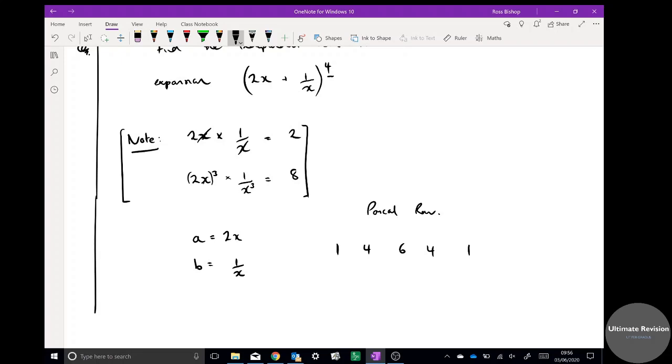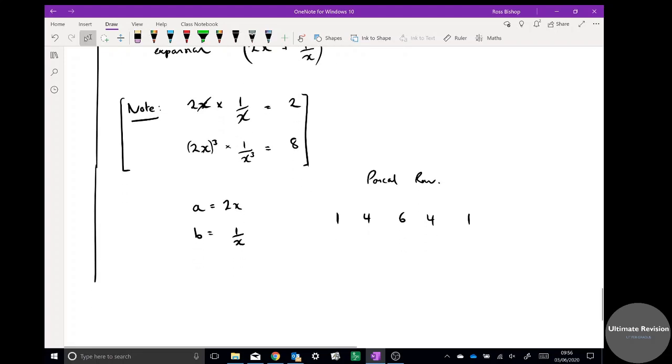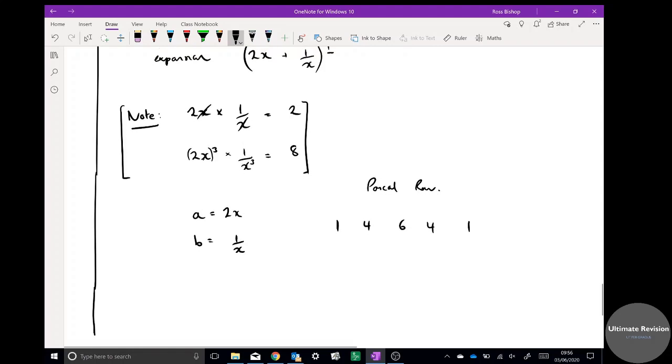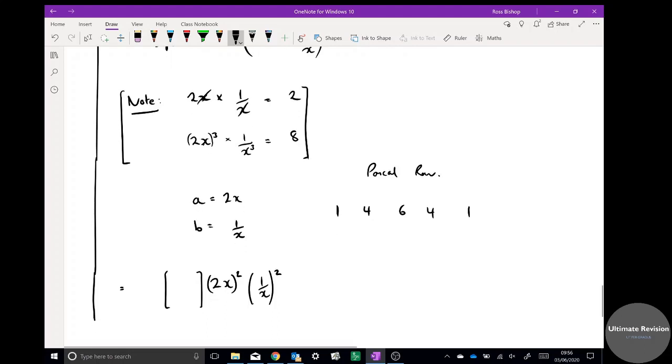Because it's to the power of 4 and the powers need to add up, the term I'm interested in is the one that has (2x) squared and (1 over x) squared. I need to remember to always put the Pascal's triangle factor in the front. Because they're both squared, that's the term where the x's are going to disappear.